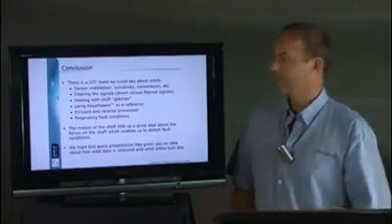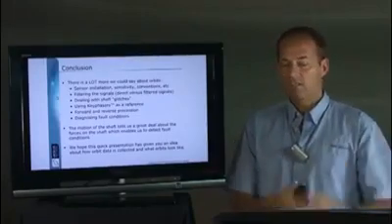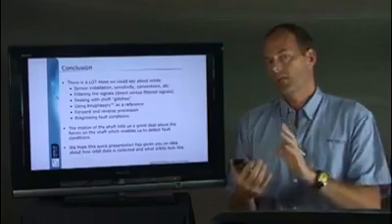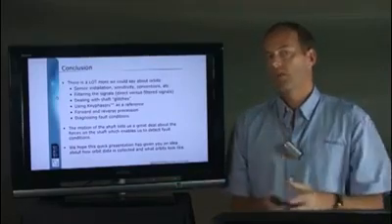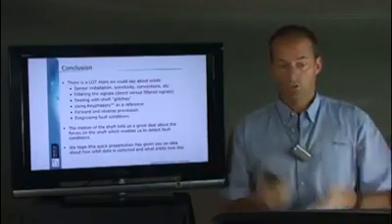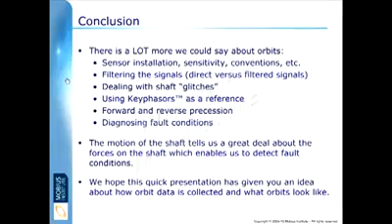As I say, there is a lot more we could talk about. We could talk about the sensor installation and the sensitivity and the conventions used, filtering the signals, whether you're looking at an orbit of just the 1x vibration, the filtered vibration, or the direct vibration, all of it, dealing with shaft glitches. The surface of the shaft isn't going to be perfectly flat. It's going to have maybe some surface defects, scratches or whatever, just slight.